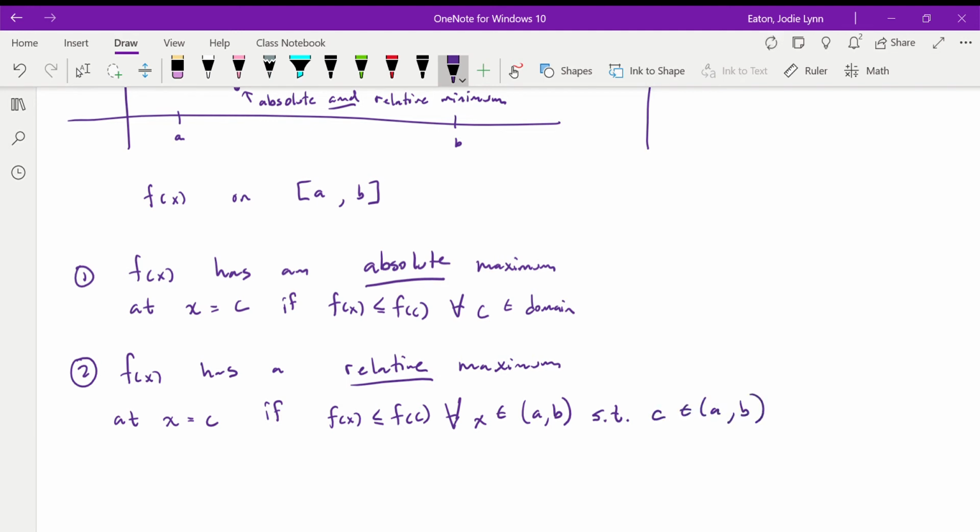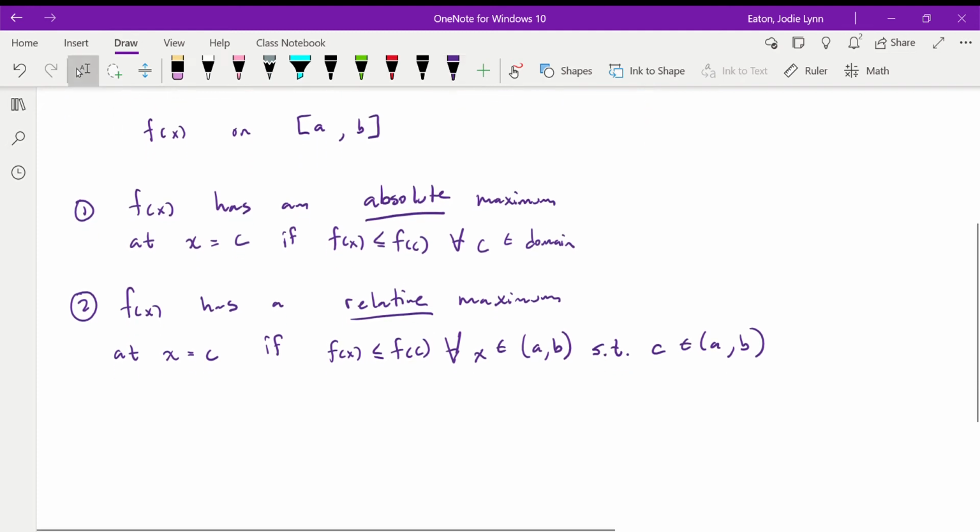So there has to be some open interval around our x value, around our point c, so that all of the y values in that open interval are smaller than the y value we have. An open interval means it needs to be on both sides. So if c is in an open interval, you're always going to be able to find points to the left and points to the right. So that is pretty key.